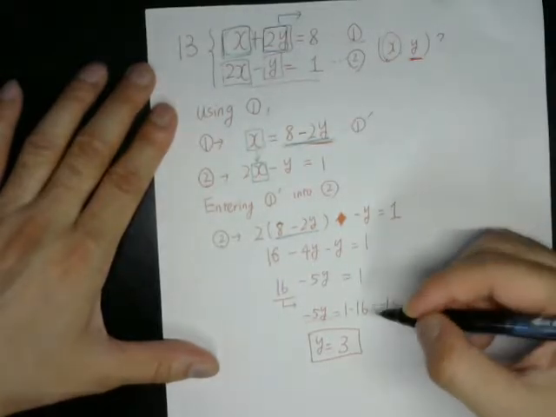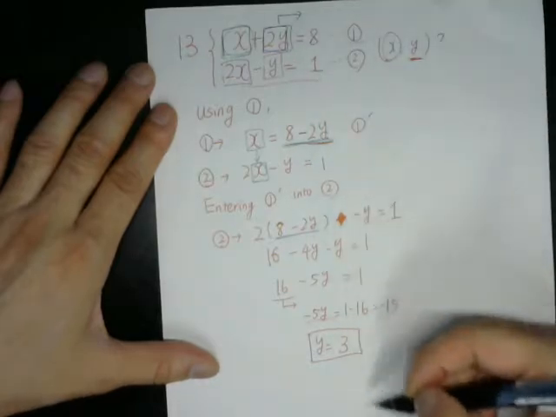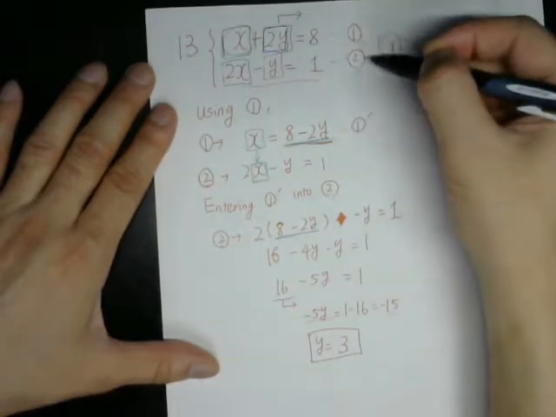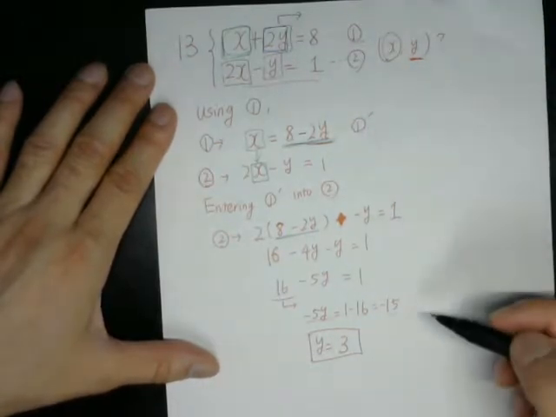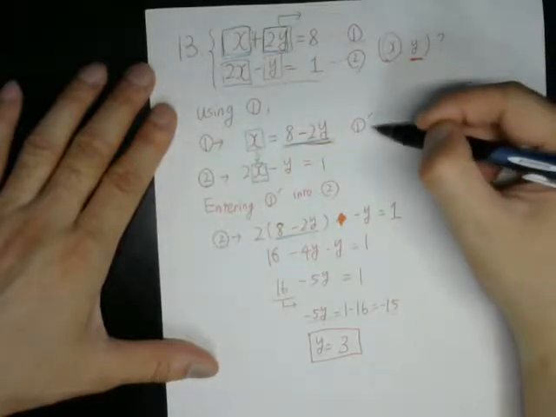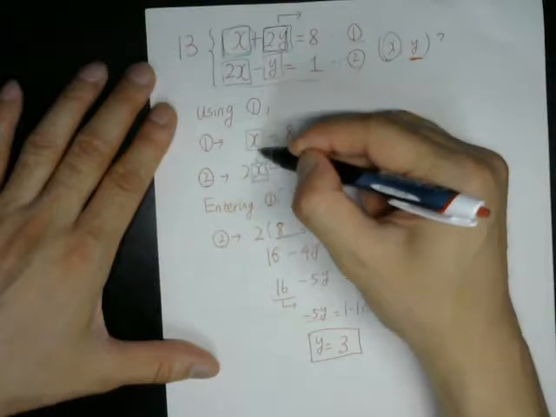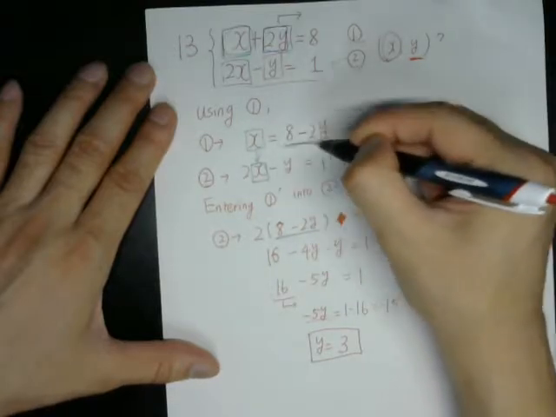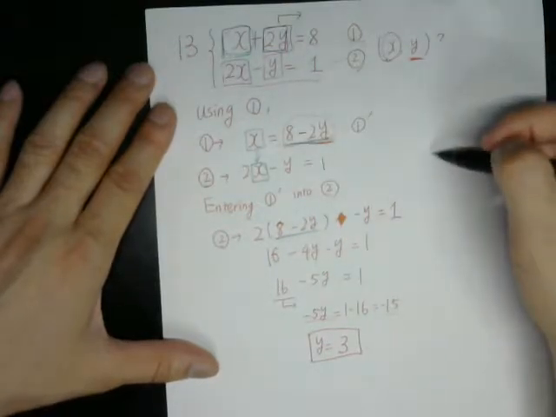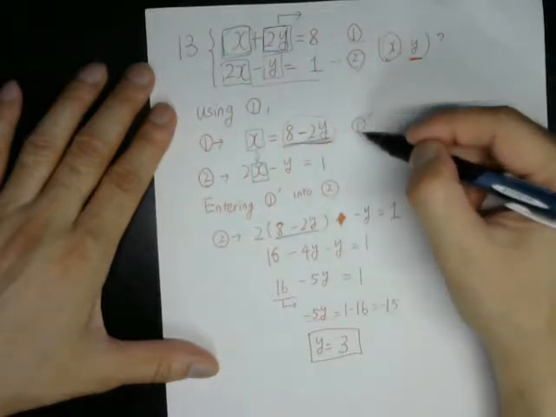How do you find that? Well, we can use any of these equations, 1, 2, or 1 prime. Well, why don't we use just 1 prime, because it's written like x equals something, right? 8 minus 2y.